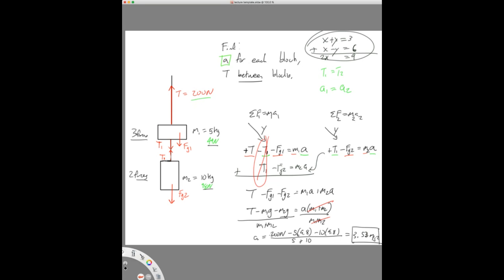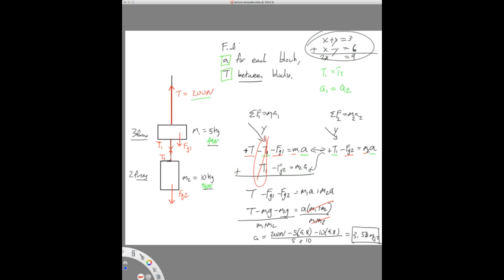Now, I have to go back and solve for the second unknown. Just like if I solved this equation for x first, I would go back in and plug it in and then solve for y. Here we found acceleration. So I'm going to go back into one of my two original equations and solve for T1. It doesn't matter which one I pick, but I'll pick the equation on the bottom.